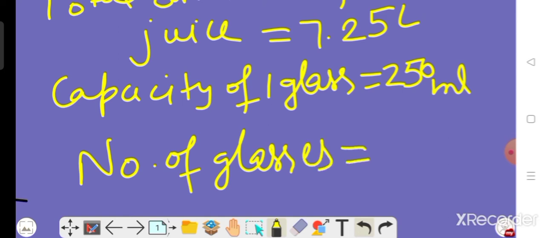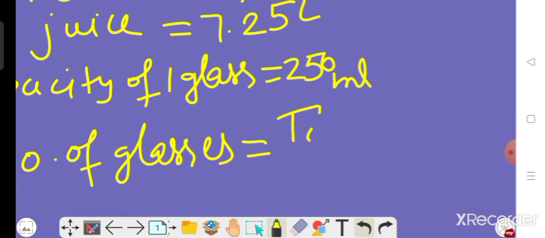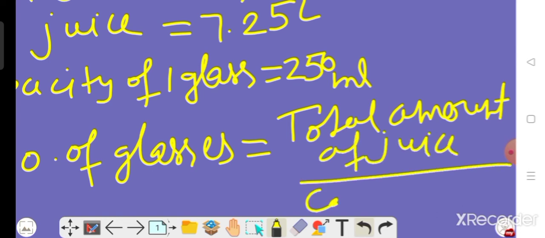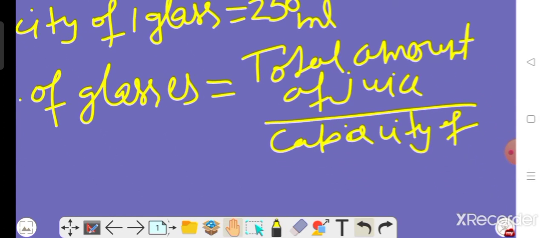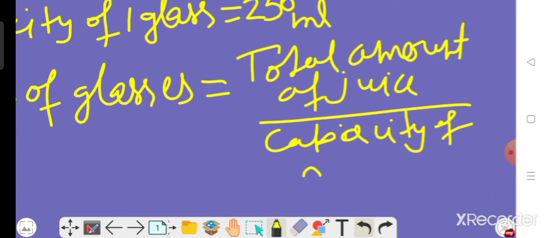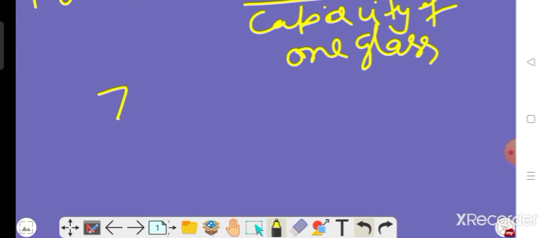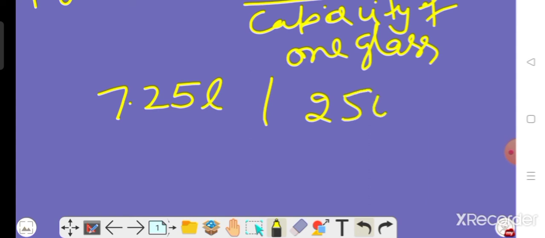So the number of glasses is equal to the total amount of juice divided by the capacity of one glass. Look here, the total amount of juice is 7.25 liters, but the capacity is given in milliliters.